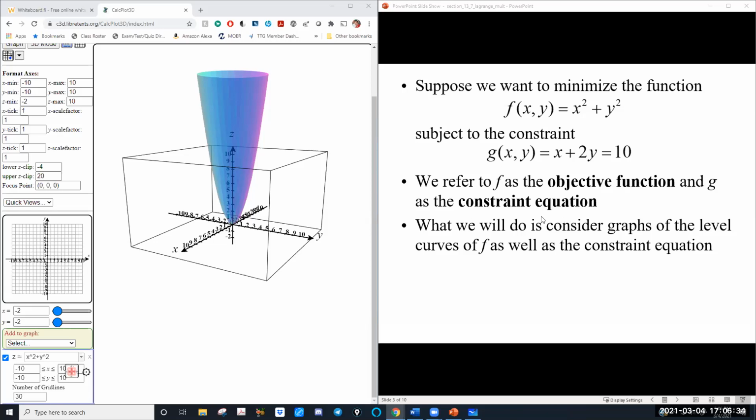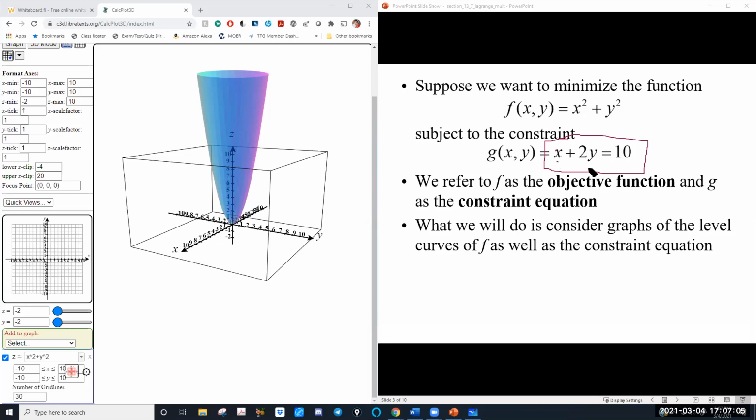One difference I want you to notice that helps us identify which one is the objective function and which one is the constraint: the objective function is a function. In other words, it'll be written as f of x, y equals something in terms of x and y. The constraint is actually an equation, which you can see right here, x plus 2y equals 10.